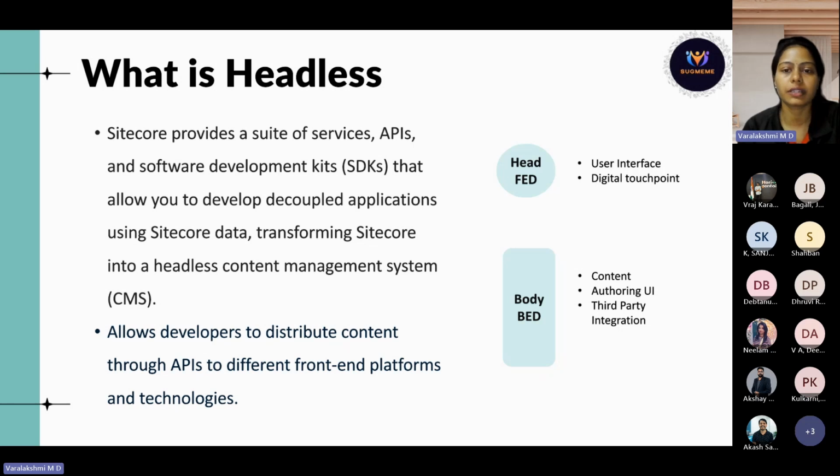Here we have separate front-end integration and back-end integration, which is called decoupling, and it is easy to maintain. It allows developers to distribute the content through APIs to different front-end platforms and technologies. This is what Sitecore says about the definition of headless.